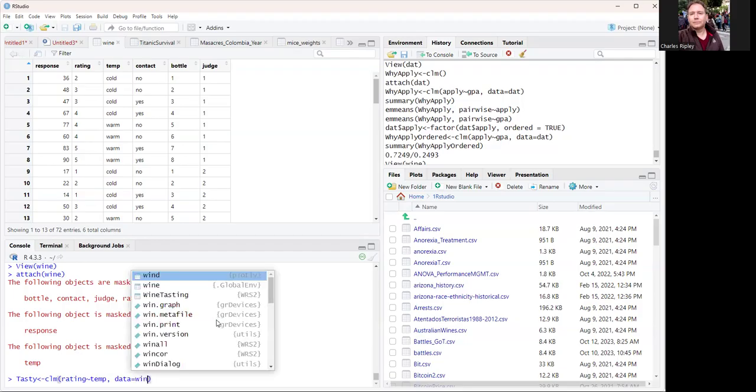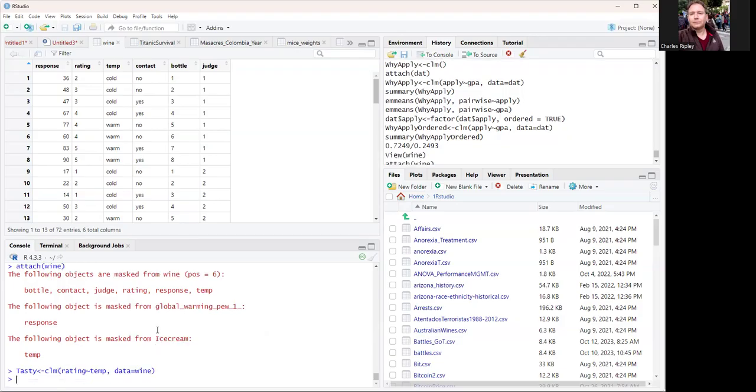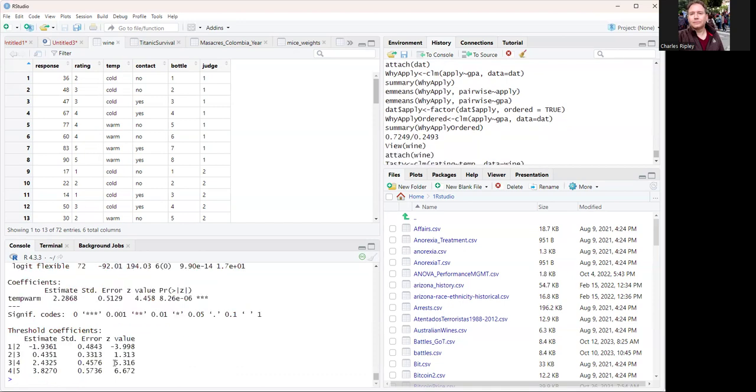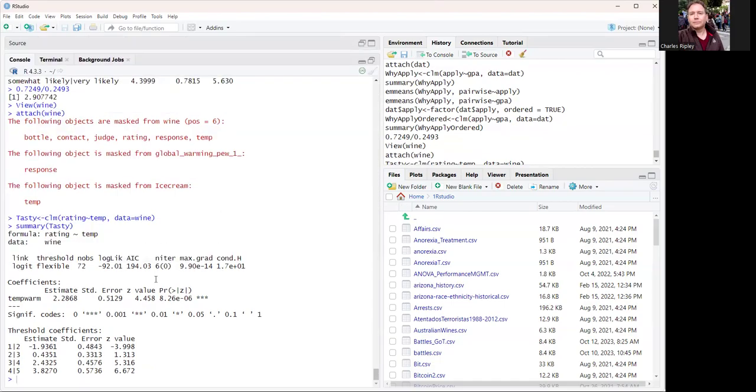So you want to make sure you give the data so RStudio understands what's going on. So now we do summary of tasty. I had a tasty 2, tasty 3 because I was fooling around with the data. Now you could take a look at this data set really quick. 72 points. That's a pretty good piece of data.